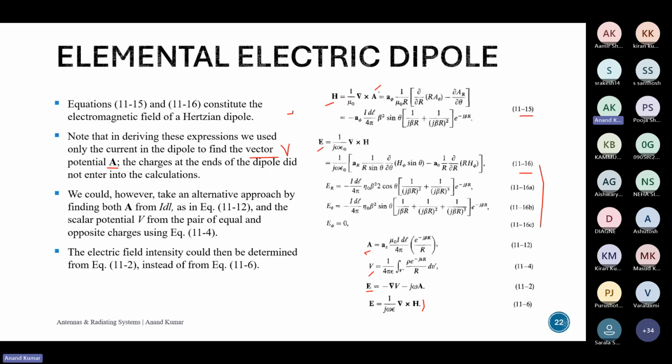So yeah, what we can do is we can find out A, and we can find out H from that, and to find out E, we will use A and V, find them out, and then put them over here, and we can get the value of E. So you can go through this method as well, and you'll get the same answer. But maybe a good idea would be to try doing that, because we have already done it using this expression. You can try using this expression.